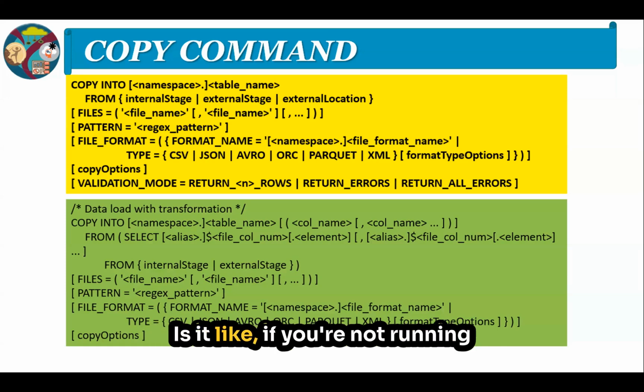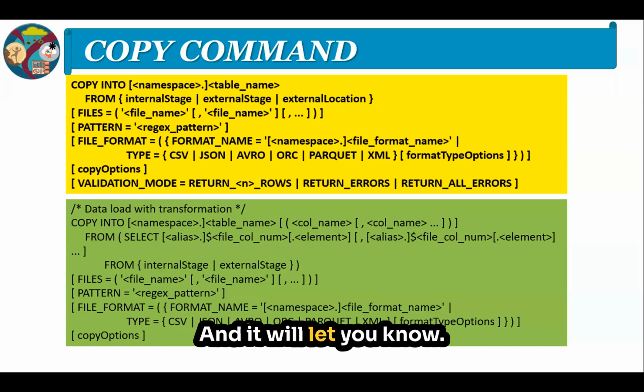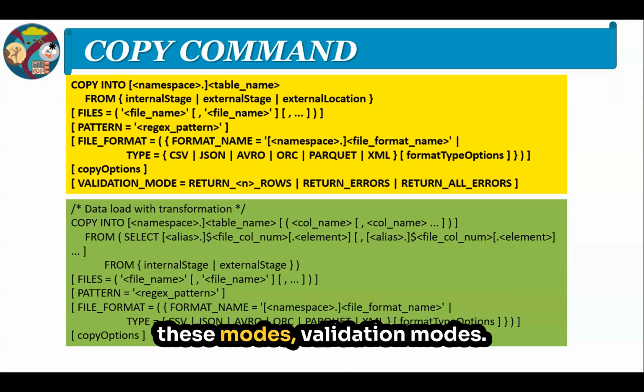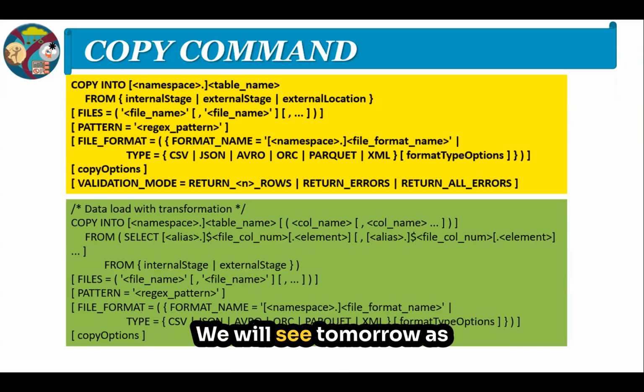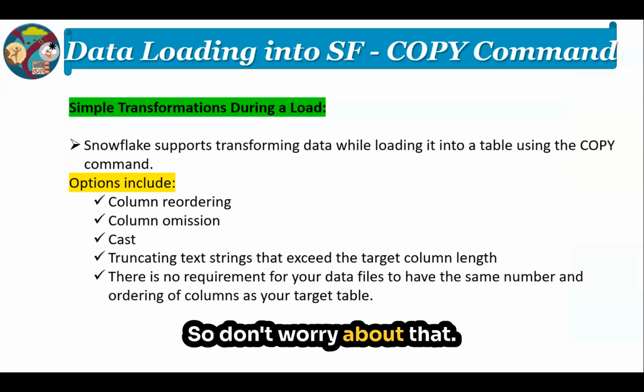When you run the command, it does the validations before loading the data into that table, and it will let you know. What is the significance of these validation modes, and what options are available for this copy command? We will see tomorrow as part of the demo session, so don't worry about that.